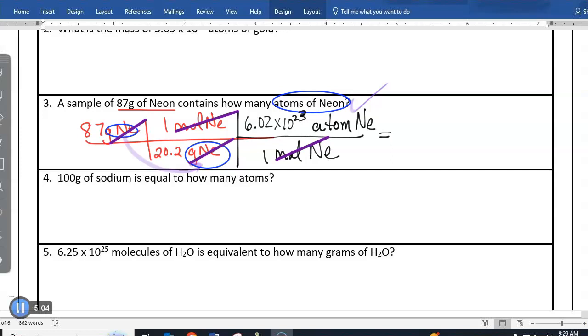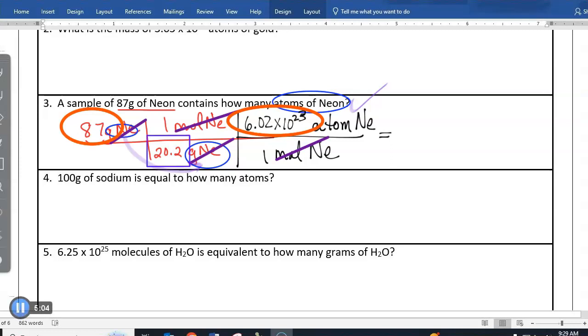Now multiply 87 times 6.02 times 10 to the 23rd, divided by 20.2.